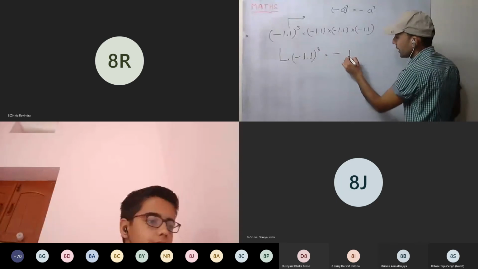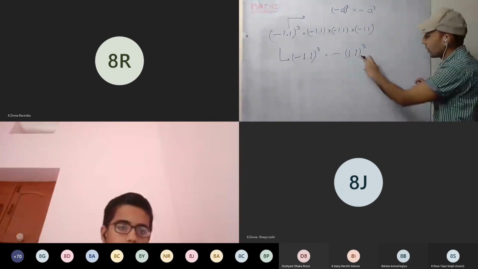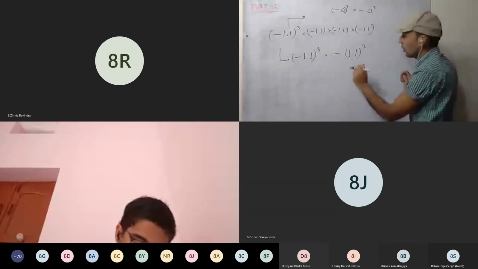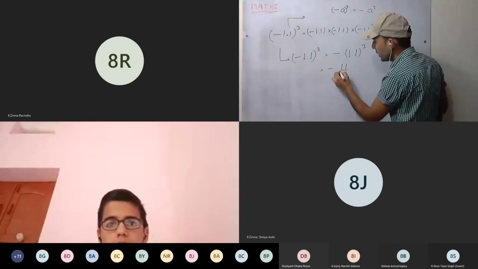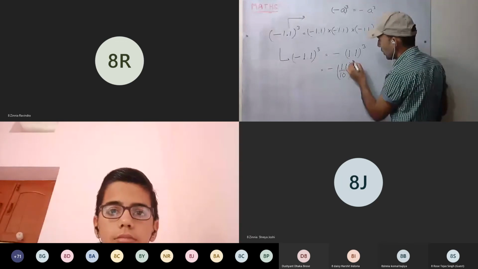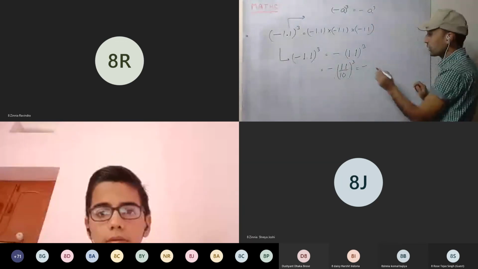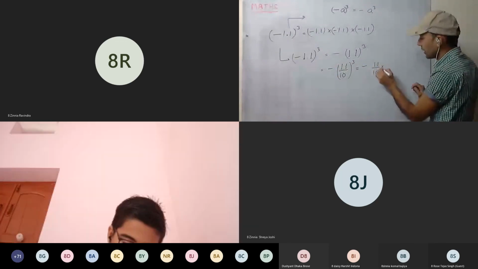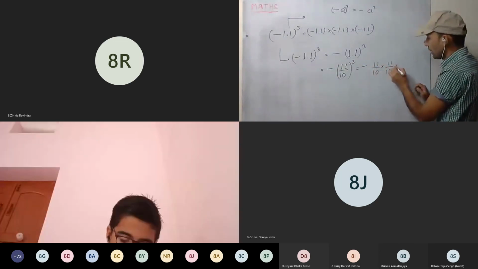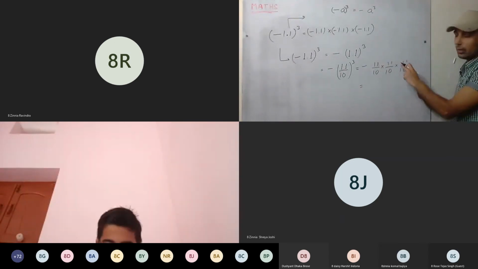Now what is remaining? 1.1, its cube we have to do. So either multiply them and solve, or we can do it like this: minus 11 upon 10, the whole cube. It will be minus, take it outside. It will always remain there. 11 upon 10 into 11 upon 10 into 11 upon 10. It is how much? 121 into 11?